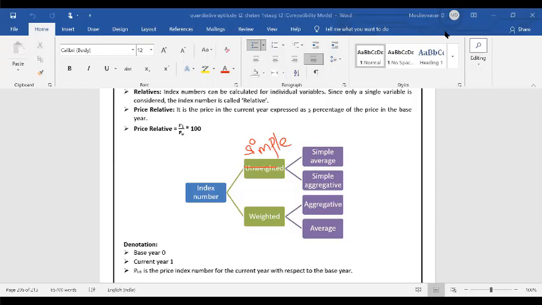One more name for average is relative. In yesterday's session, I told you about weighted aggregate and the weighted aggregate formulas. This is what we had done till now.